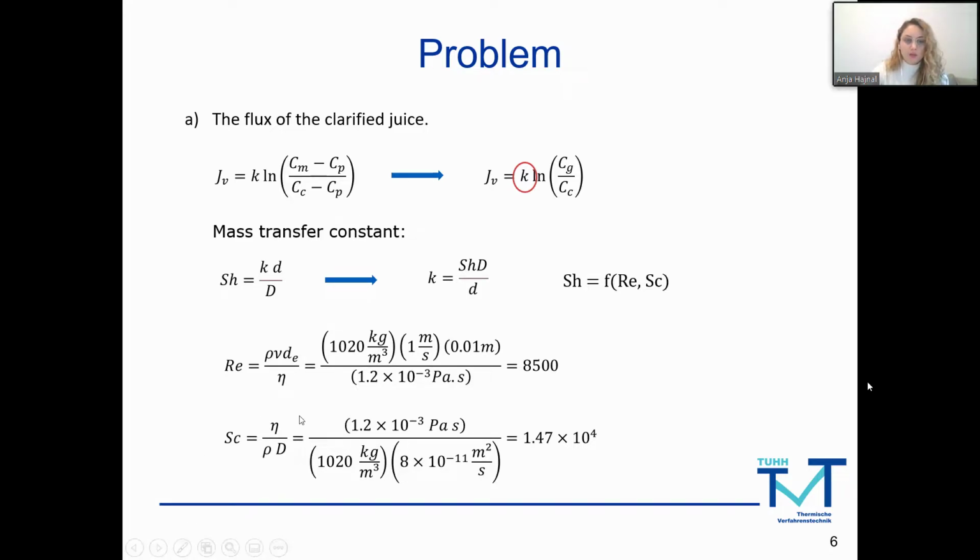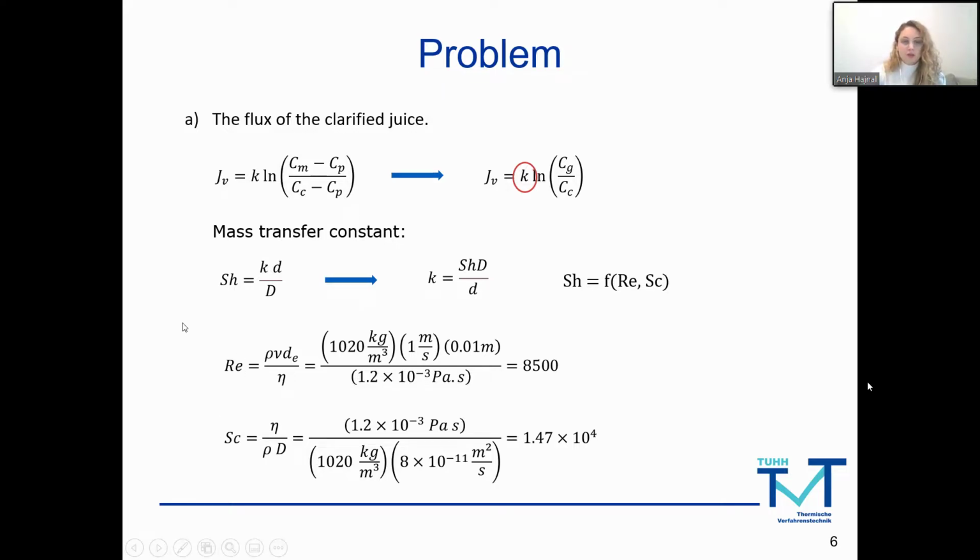The Schmidt number, so all these values are given in the task: the dynamic viscosity, the length of the module, the diffusivity, the hydrodynamic radius, etc. So it's basically just introducing the values into the equation. And I believe that you have found all these values.